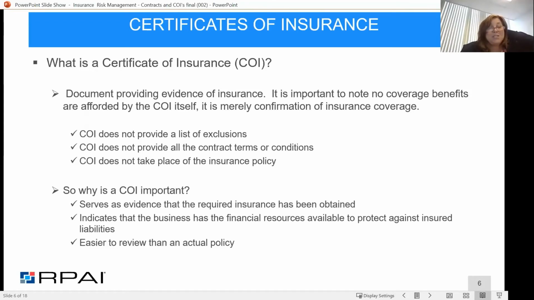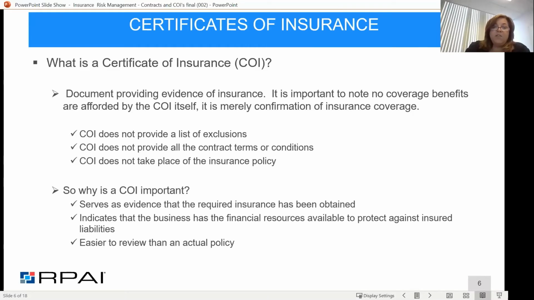It's really just a simple and the least time-consuming way of verifying that the obligations in the contracts have been taken care of through insurance. And it's an industry form that's acceptable. It serves as evidence.